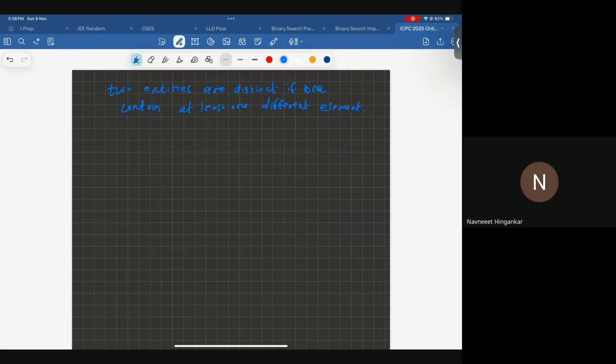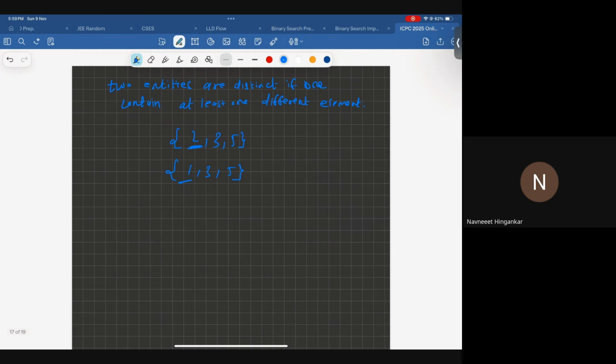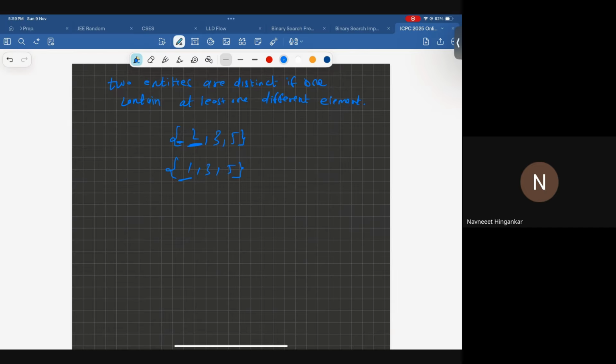So let's say 2, 3, 5 is my set and 1, 3, 5 is the other set. Here, 1 is different from 2, but we don't differentiate it this way. All you do is check that this is empty and 1 is not present, while 1 is present here. So these sets are not equal.